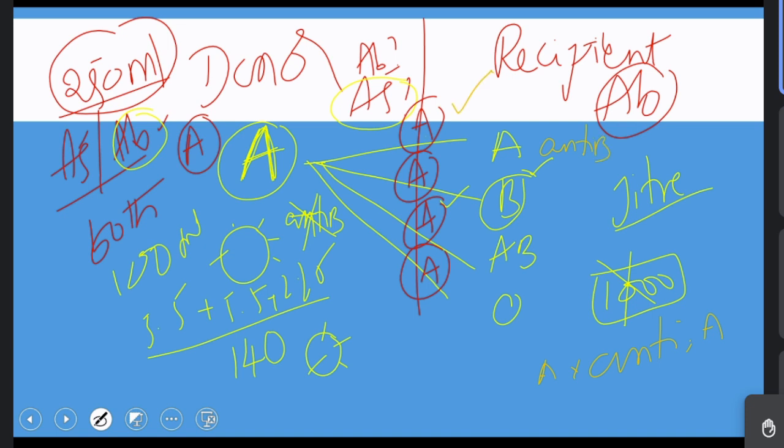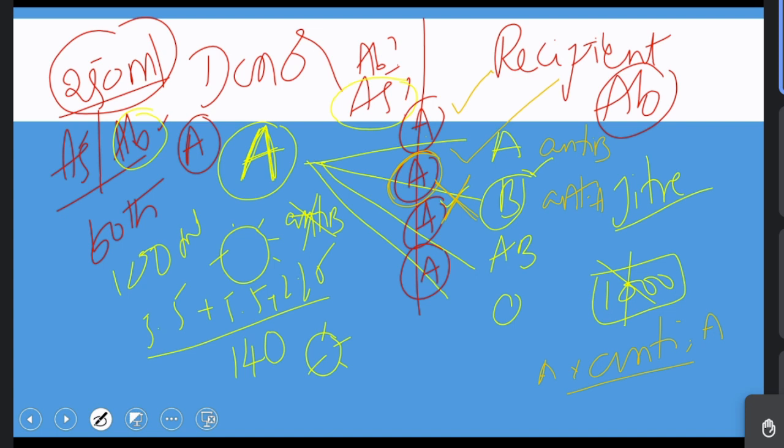A cannot react with anti-B, so I can donate blood to an A blood group individual. The second person, a B blood group individual, is having anti-A, which can react with my A antigen, so agglutination takes place and he will die. So for B blood group I cannot donate.